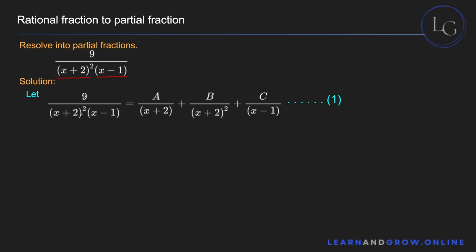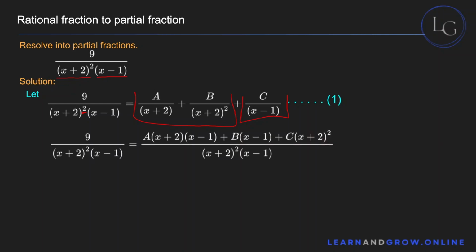And obviously that is the limit, that is the highest power of x plus 2. So that is where you'll stop with this part of the denominator, and then you'll also have to put in another partial fraction for this x minus 1. So you'll have c over x minus 1 for this, and now you have to resolve it.